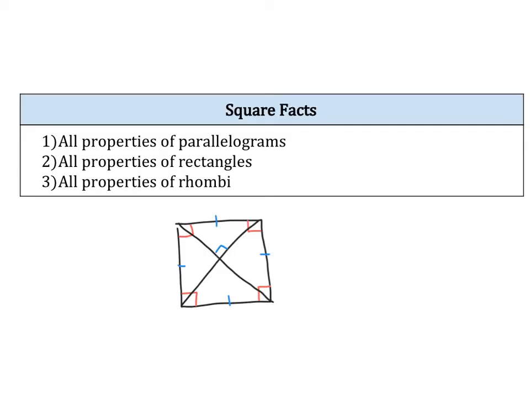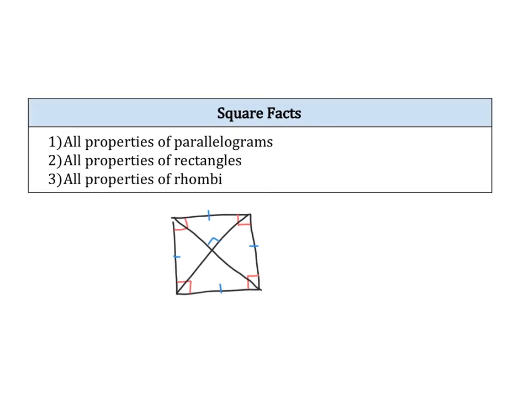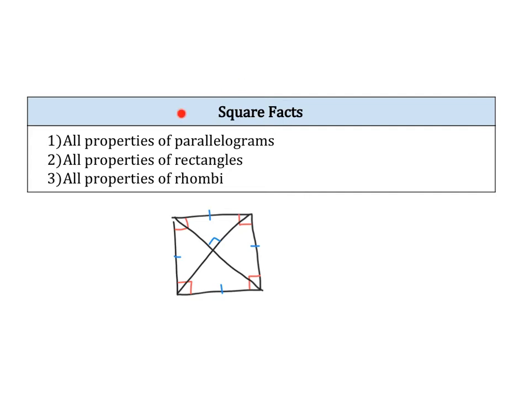All right, so the other quadrilateral we're going to talk about briefly is a square. So a square is the most specific type of quadrilateral, and it actually is a type of rhombus and a type of rectangle and a type of parallelogram. So anything that is true about a parallelogram, a rectangle, and a rhombus will be true about a square.